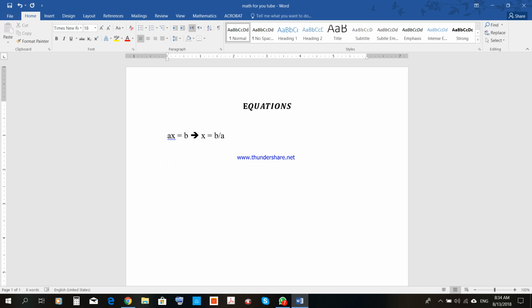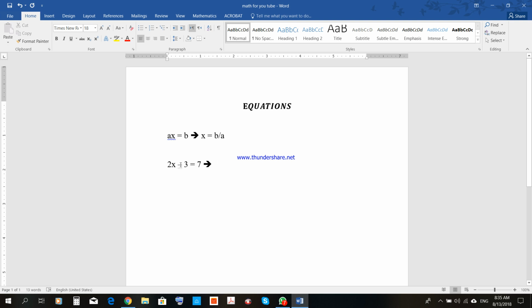Another example I will give to you. If we have 2x minus 3 equal, for example, 7. We take the numbers to the right of equal and leave the unknowns at the left.